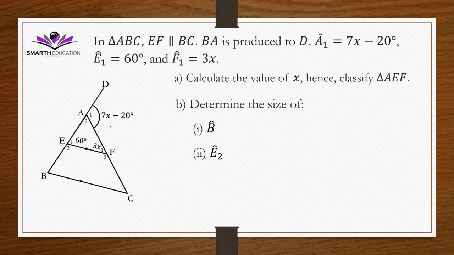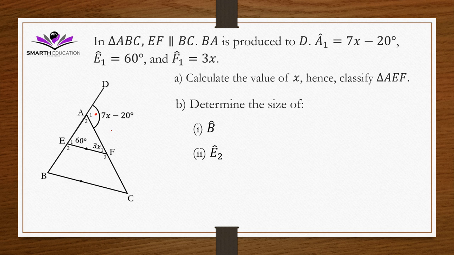Now another one. In the diagram, in triangle ABC, EF is parallel to BC. You can see that. And BA is produced to D. Then A1 is equal to 7x minus 20. This is the angle we're talking about.